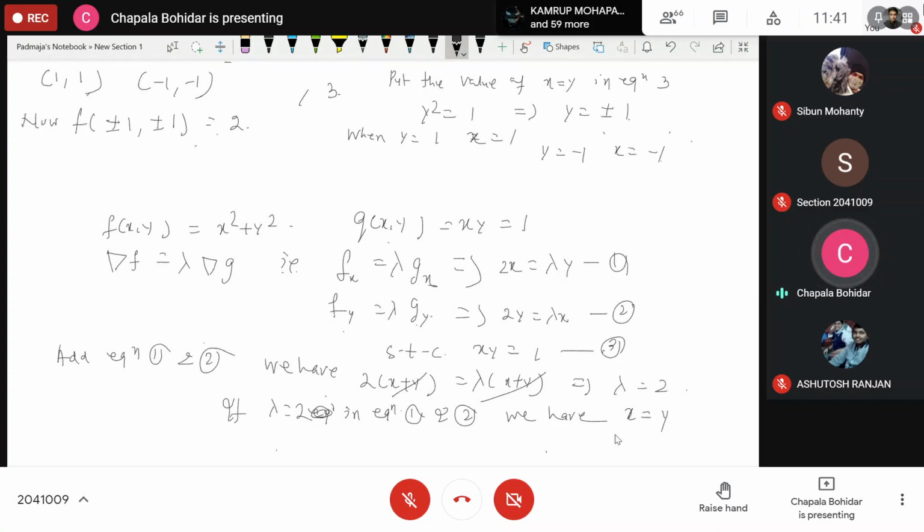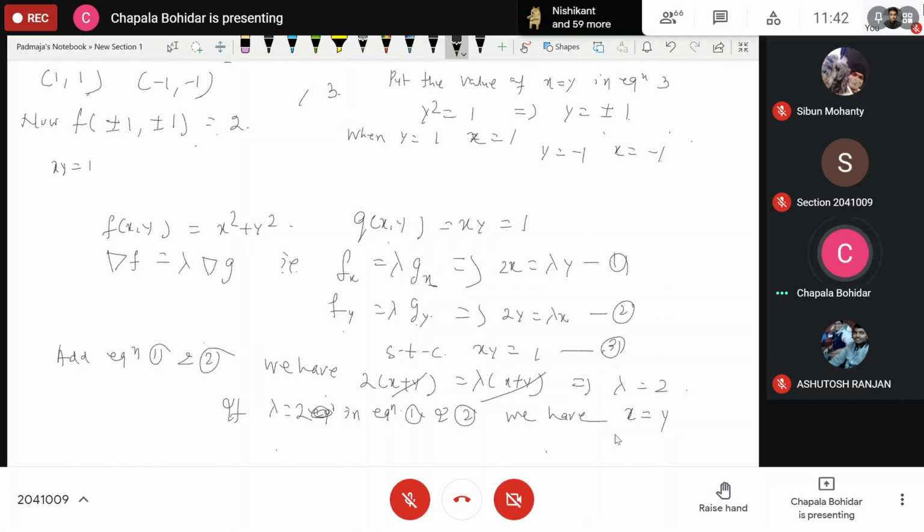So then we have to check whether it is a minimum or maximum value. The constant given is xy is equal to 1. There is no bound here. It is not given any boundary value, so it is not bounded.